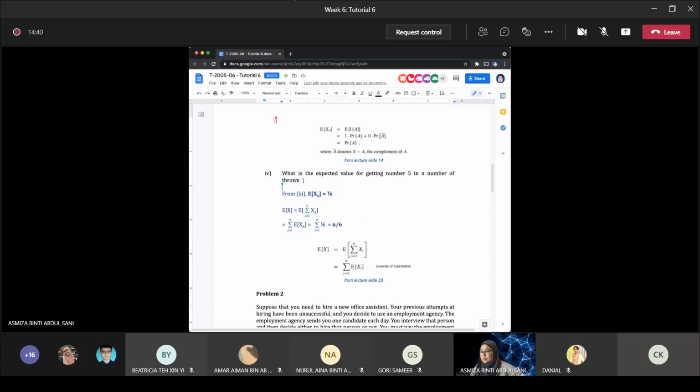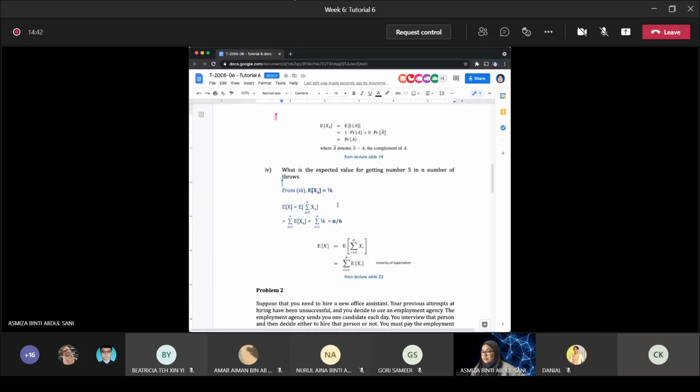So we know that the expected value of getting 5 is 1 over 6. The expected value for n throws of getting number 5 would be the sum from 1 up to n of the expected value of X_i, whereby you get number 5 when you throw the dice.